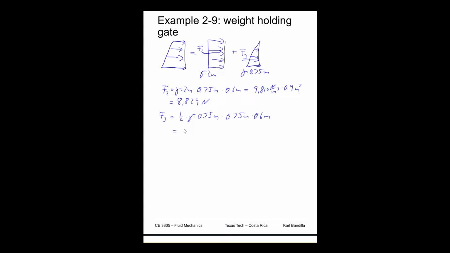And so that is then 9,810 Newton per meter cubed times 0.9. Oop, I have a typo up there. Fix that in a second. 0.9 meters cubed. Nope, I didn't have a typo. This was correct.